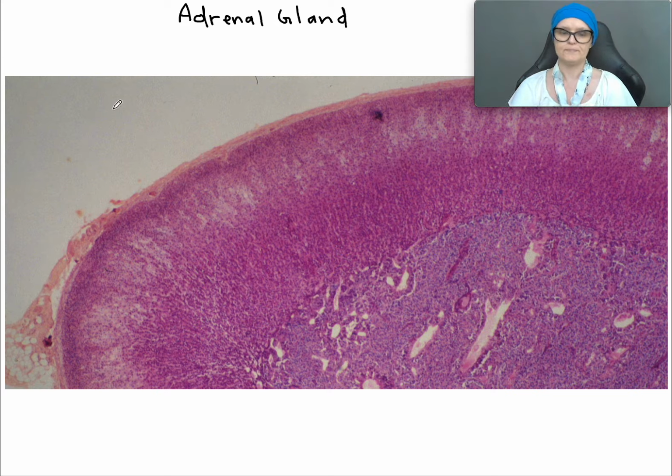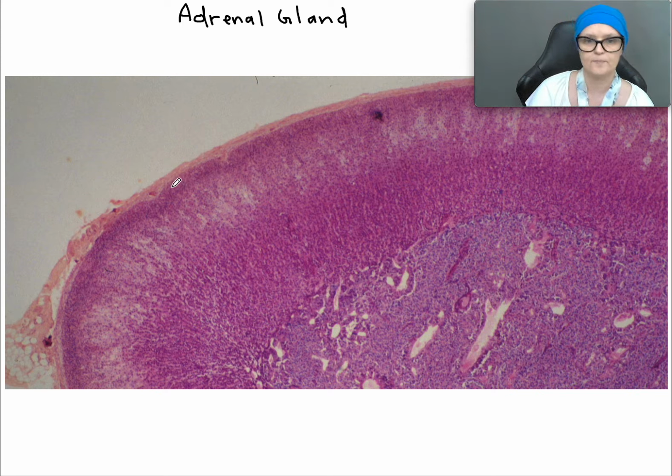Okay, we've got a couple of bits we need to learn here. This outer shell is the capsule, the adrenal capsule.